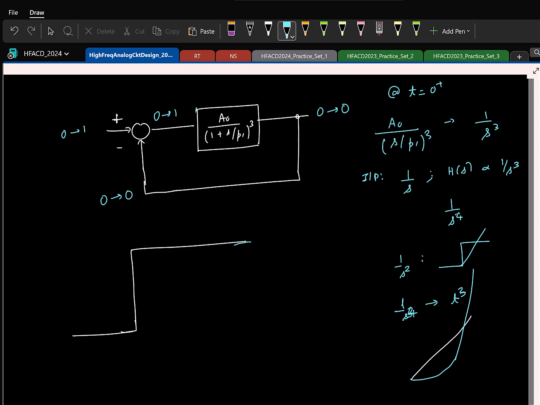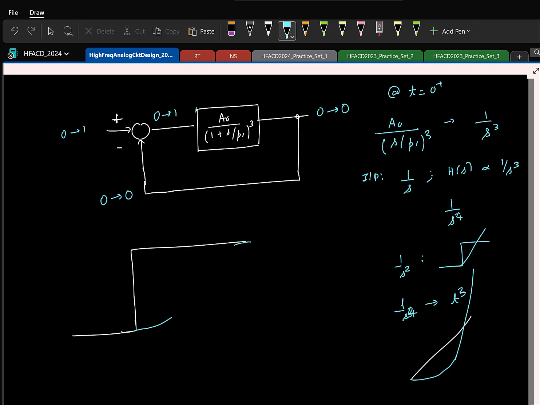So if I plot the output again at t equal to 0 plus, it is going to rise very slowly. Qualitatively speaking, when I had one pole, there was some delay. Now I have 3 poles. Is the delay higher or lower? Higher, right? So it's taking more time to respond.